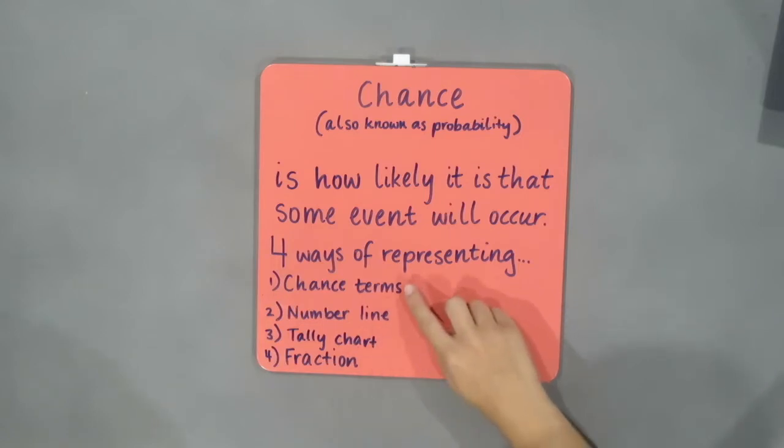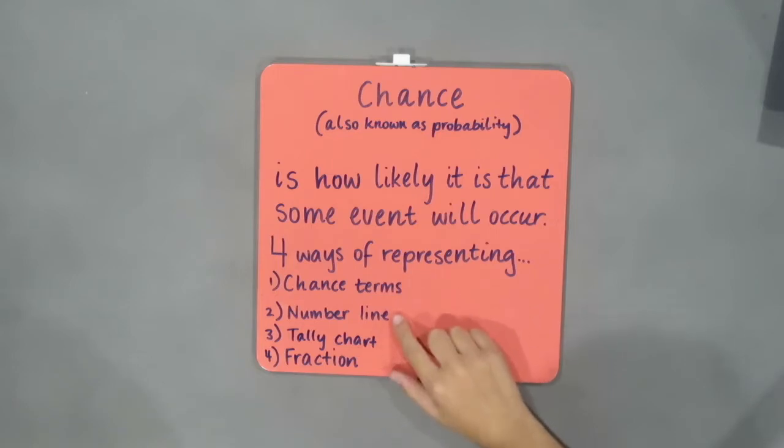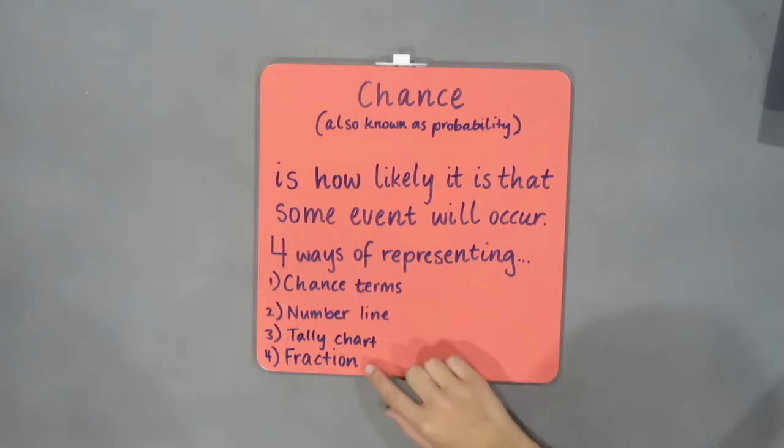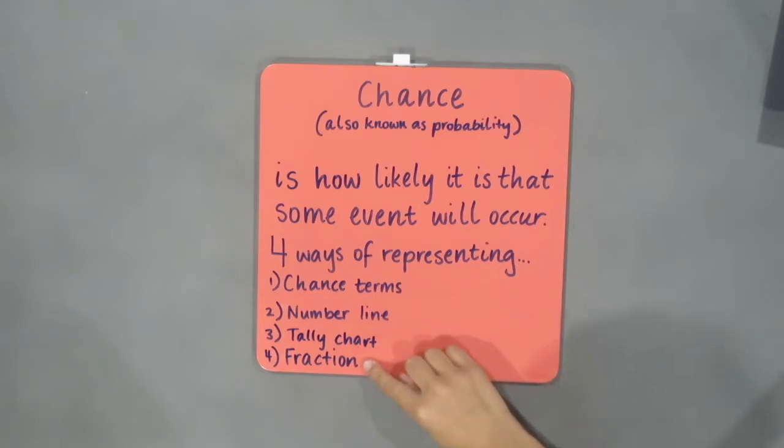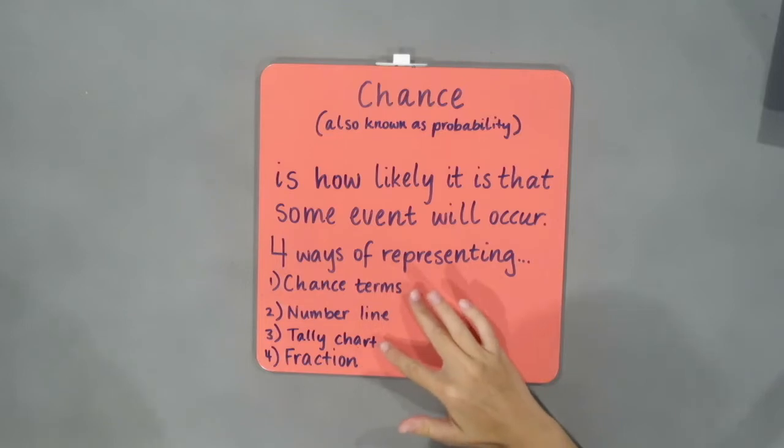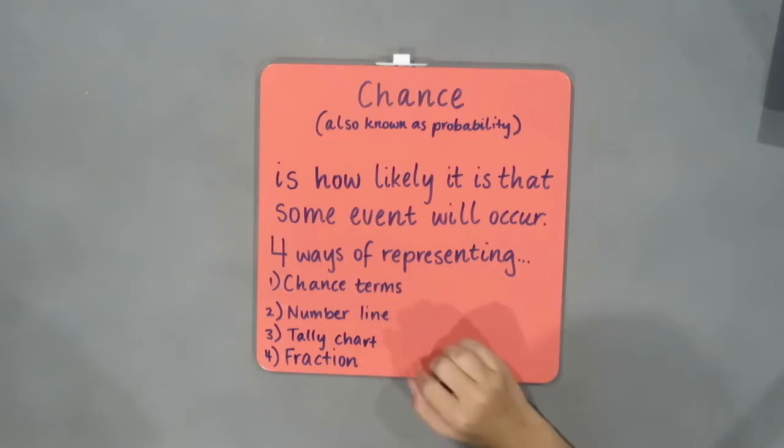So we can represent that as chance terms, as a number line, as a tally chart, and also as a fraction. Now we focused already on number lines and fractions this term, so we're going to introduce chance terms first, and then our tally chart, and then we'll go to what we know after.